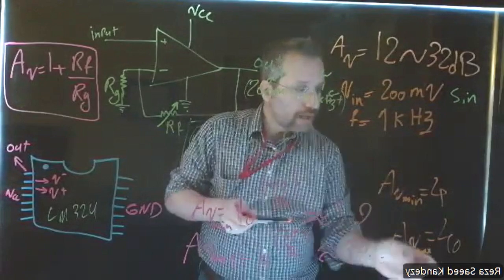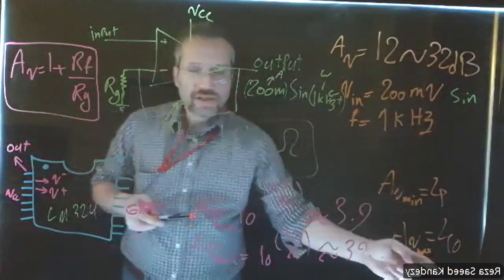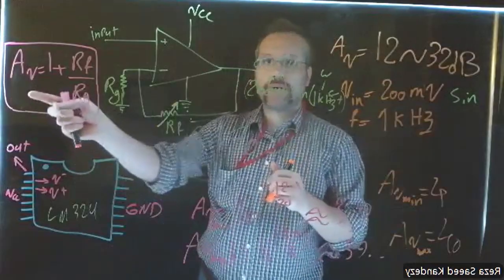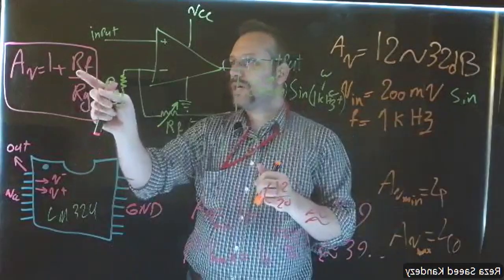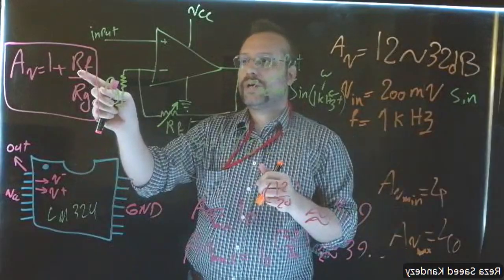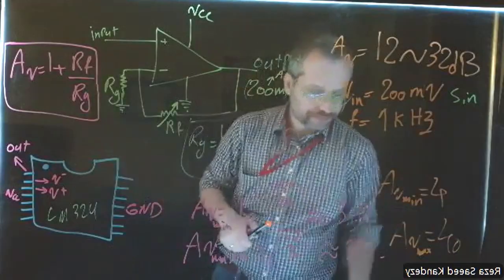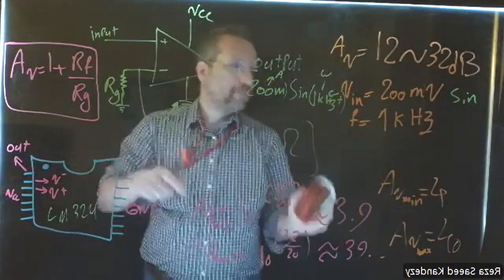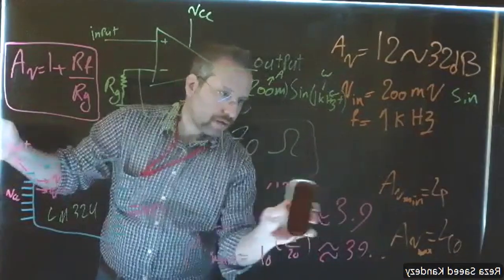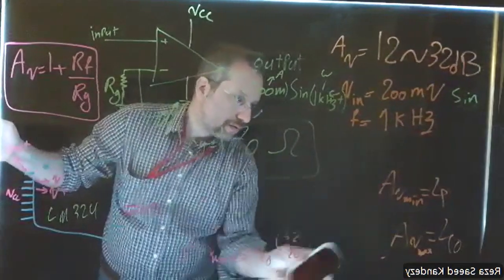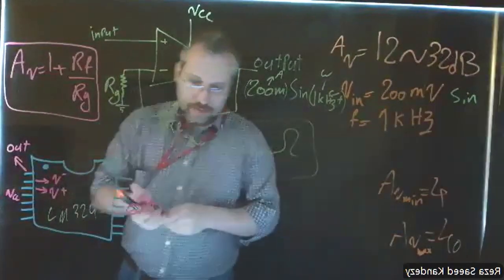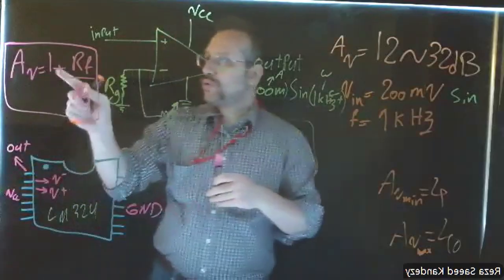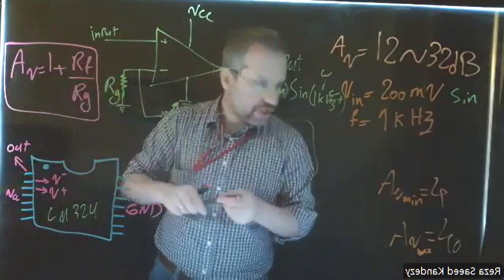Okay, now that I know the minimum gain and maximum gain, I can use this formula of the gain in order to find my feedback resistor. Now, let me erase these equations and open up some space. So my AV is going to be equal to 1 plus RF over RG.